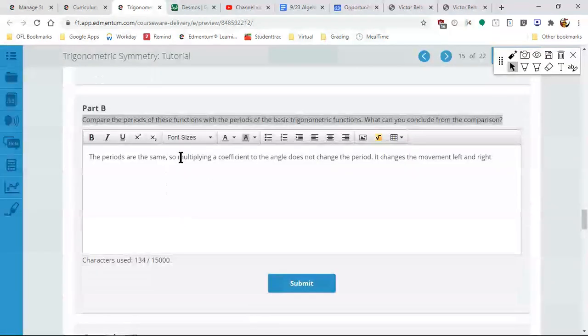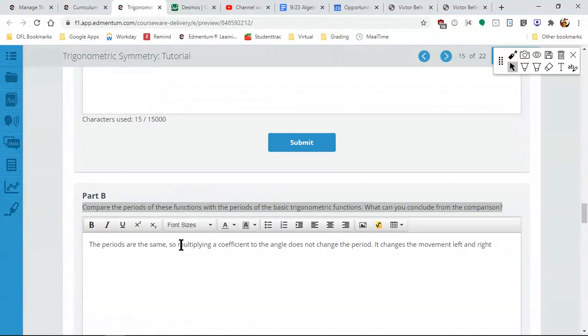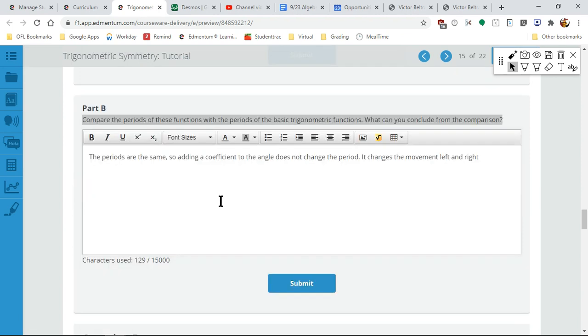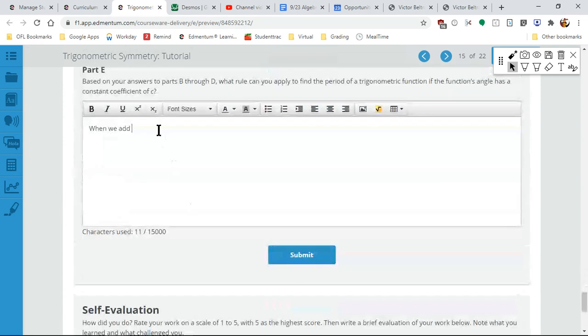I'm starting to think. Shoot, this one wasn't supposed to be multiplied. I'm so sorry. So adding a number to a coefficient. So in this one, it's when we multiply a number.